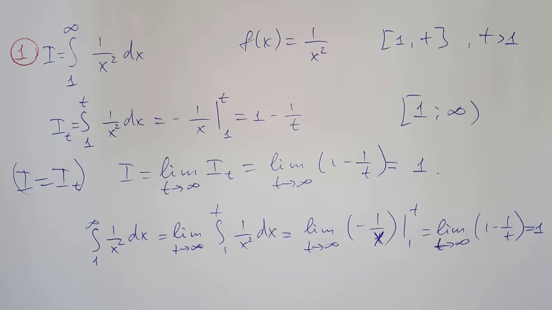We will call these integrals convergent if the associated limit exists and is a finite number, or we can say if it's not plus or minus infinity. And these integrals we call divergent if the associated limit either doesn't exist or is plus or minus infinity. So we have two types, convergent and divergent.